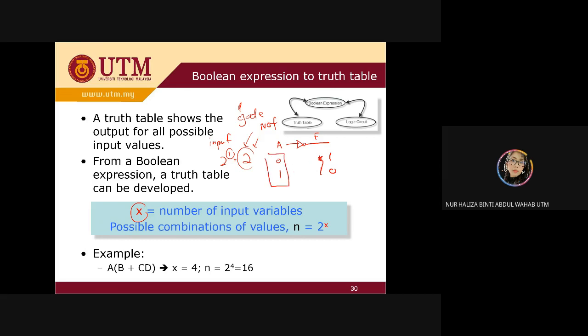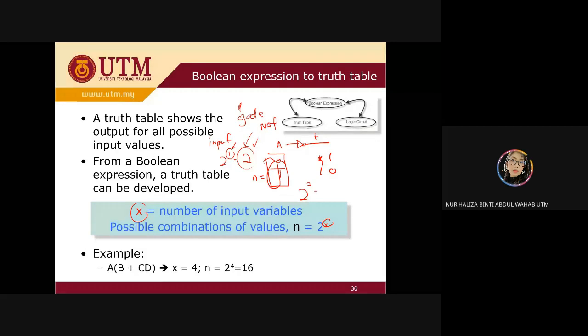So this is your possibilities, which is N. You have 2. If you have 2 inputs, you put 2 to the power of 2, you get 4. What is this? 00, 01, 10, 11. This one I already taught you last time.